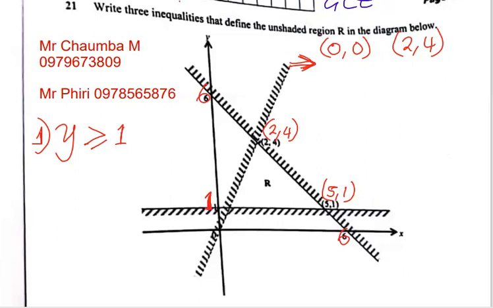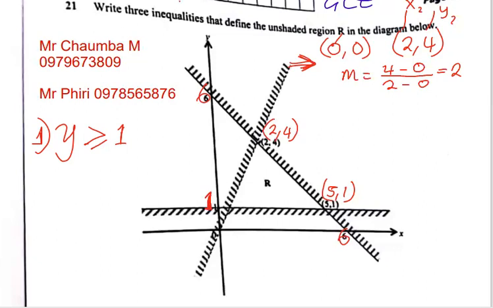So for the gradient, we say y2, which is 4, minus y1, which is 0, over x2, which is 2, minus x1, which is 0. This is going to be 4 over 2, and we'll end up with 2. That is going to be our gradient.